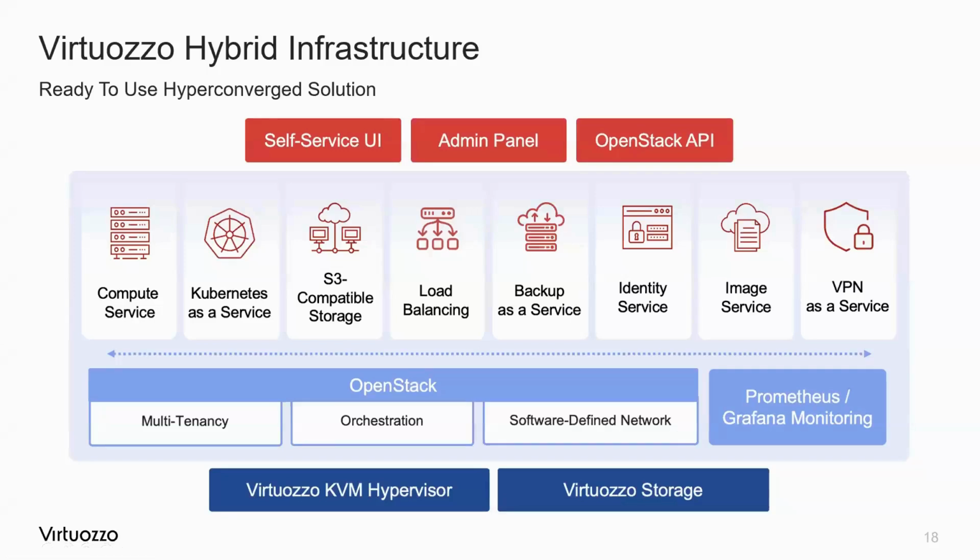So what we have is just this quick diagram to recap a bit what we have seen up to now. Virtuozzo Hybrid Infrastructure is based on OpenStack, having the KVM hypervisor and Virtuozzo storage when you use this native internal storage, but we do support external storage too. We have Prometheus and Grafana monitoring.